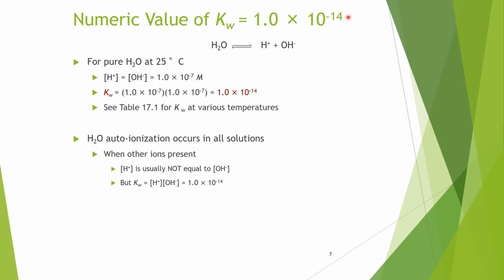That's an empirical number. They had to find it. When water is pure, the amount of H plus is equal to OH minus. They're both equal to 10 to the minus 7th. So if Kw is equal to the product of the two, then Kw is 10 to the minus 14th.